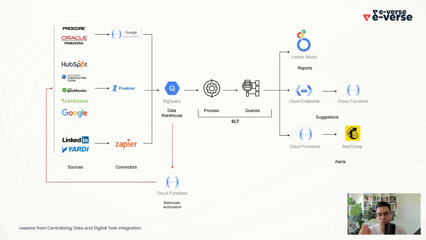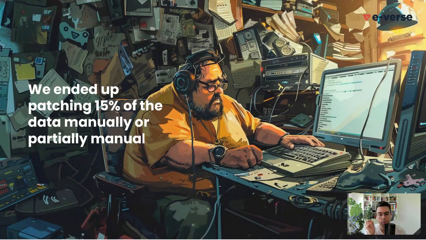It was interesting because this automation saved a lot of time for the client, but the reality is that we ended up patching 15% of the data manually or partially manually. When you're migrating data, it's one thing when you have clear standards and you're prepared for it, and another when you have never done this and each platform or each project has different standards.